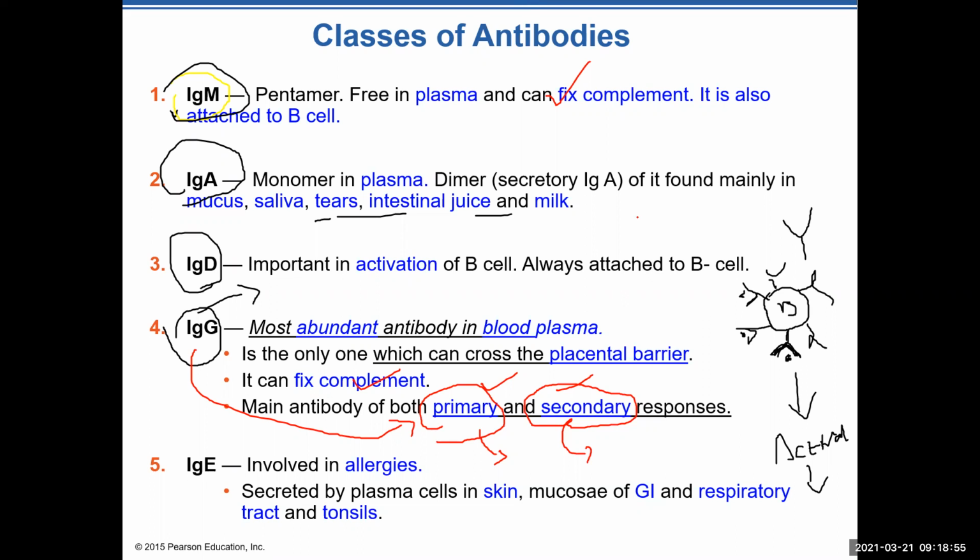So how did the antibodies reach the baby? The baby was born with antibodies, and those antibodies were of this class, IgG, because these are the only antibodies which can cross the placenta and reach the baby.